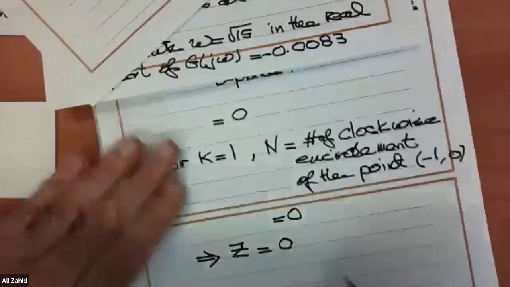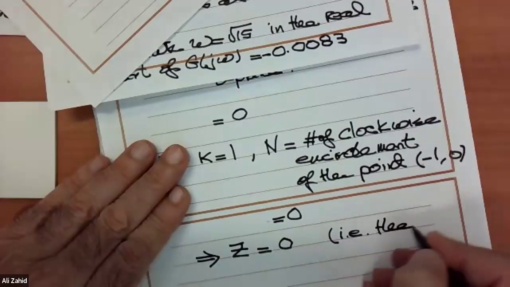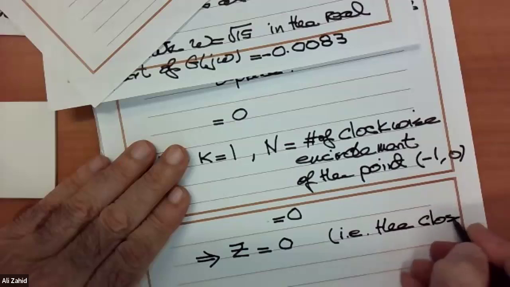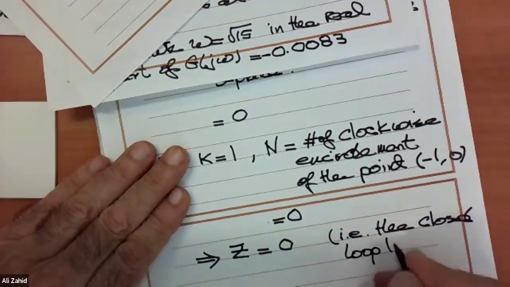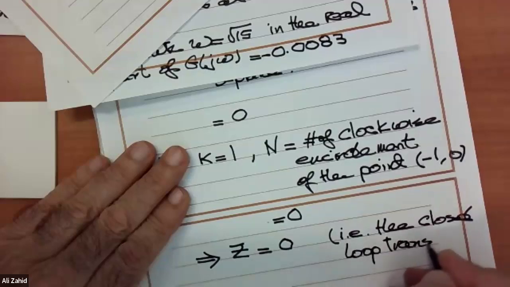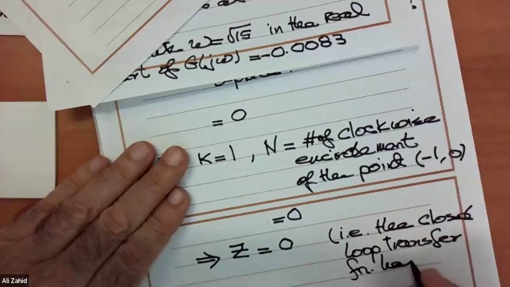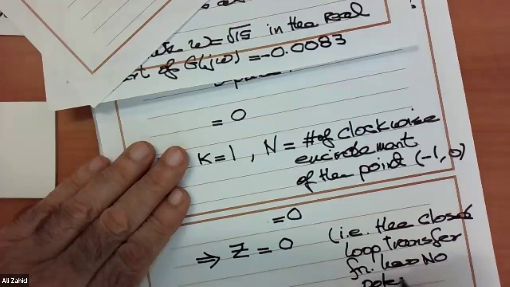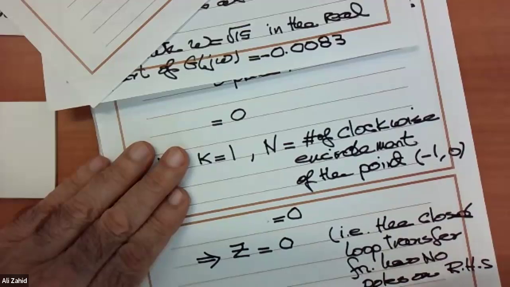What does that mean? It means the closed loop transfer function has no poles on the right-hand side of the S-plane.